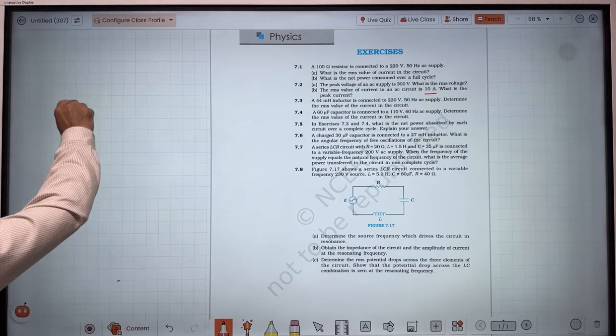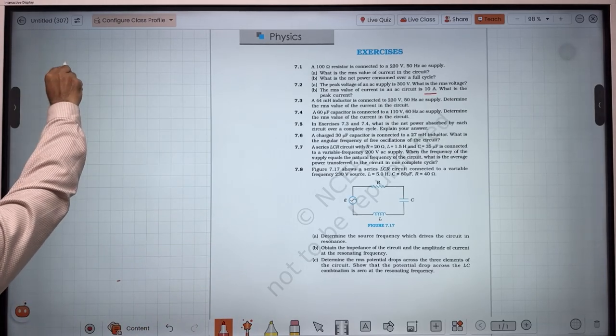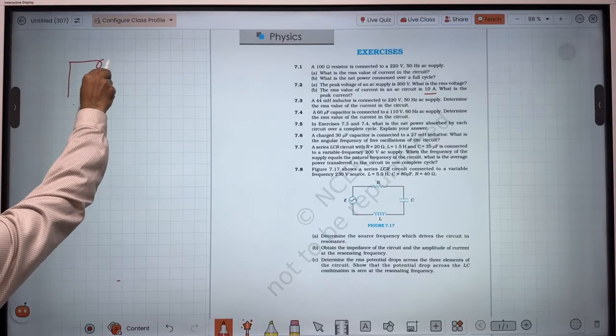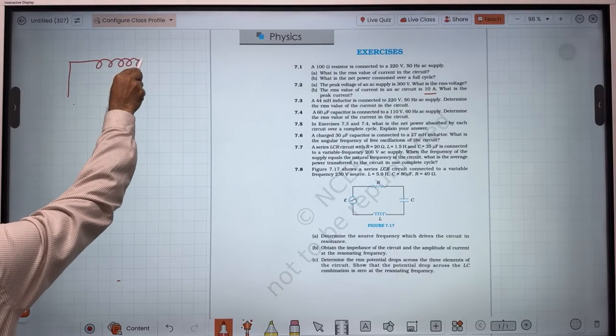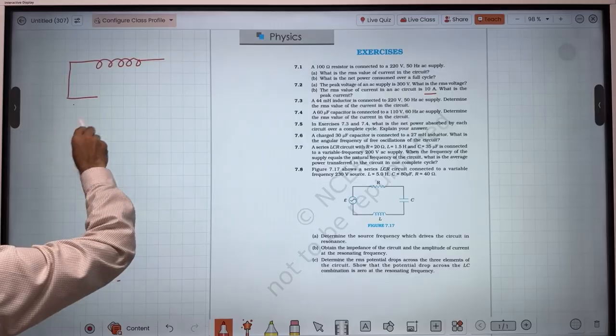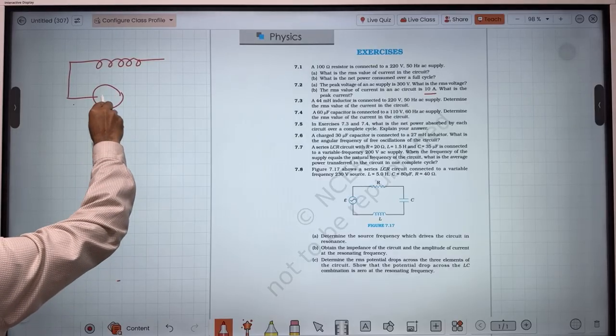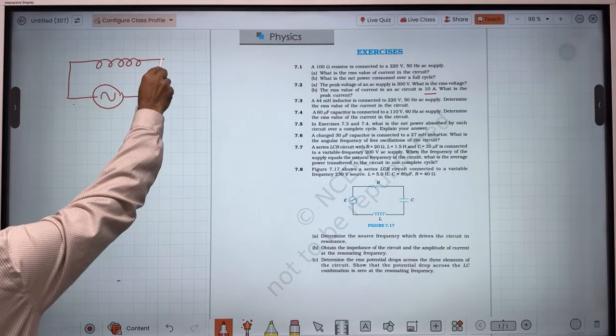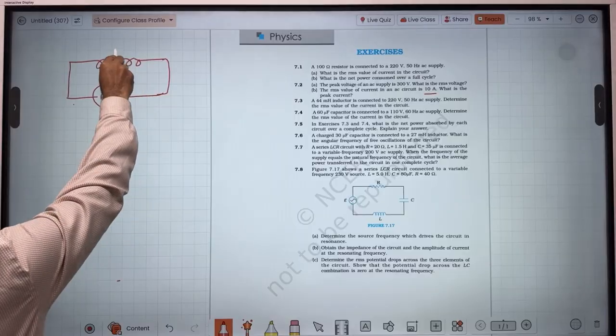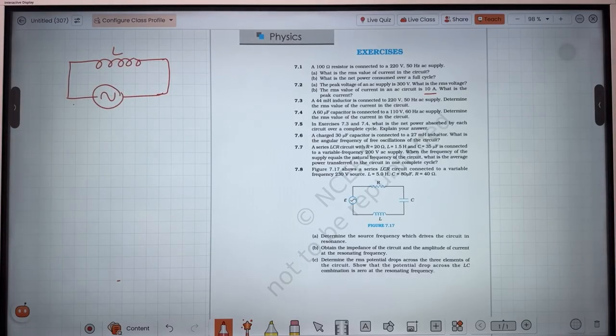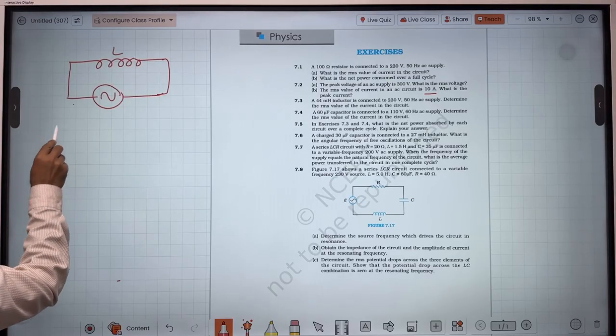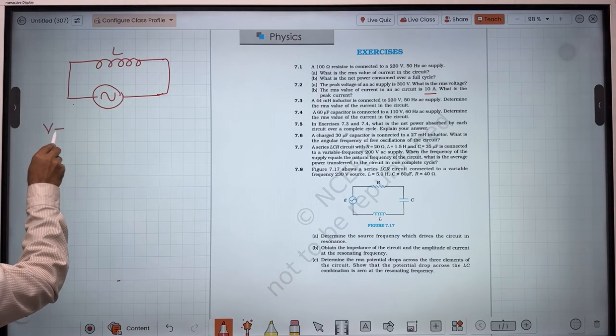Explain your answer. So here they are asking that suppose you have a circuit in which there is an inductor and this is an AC circuit. You have to find out what is the total power consumed in one cycle. So for that purpose, we have to write the equations.